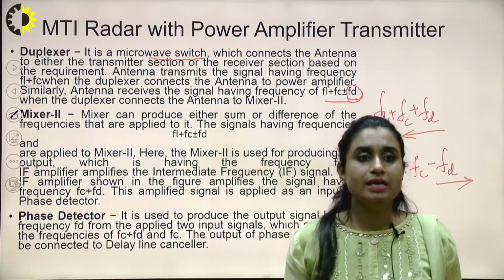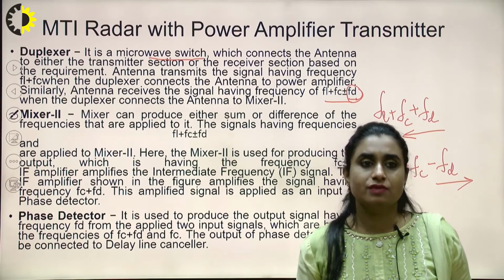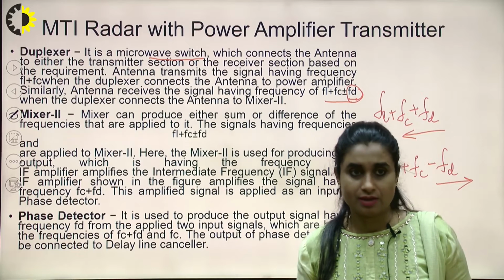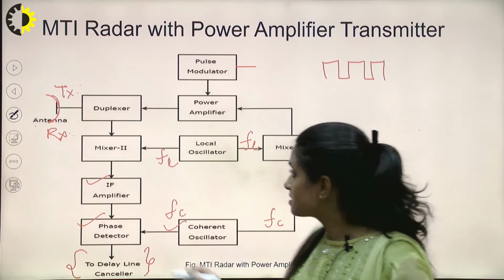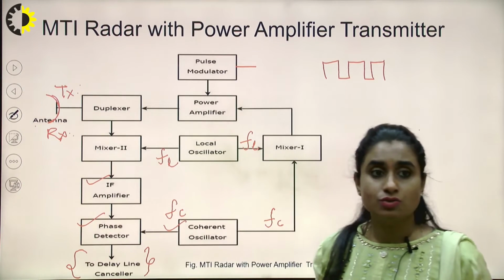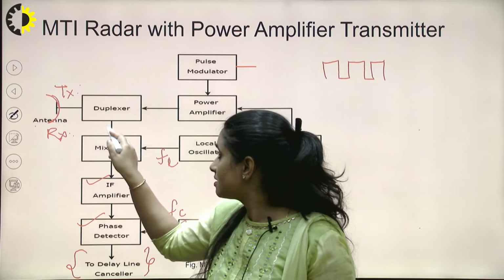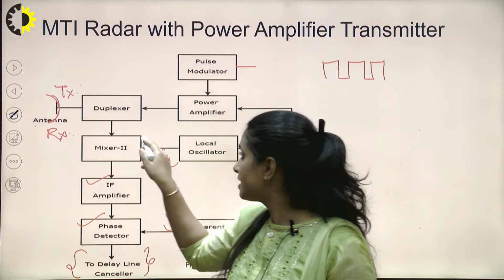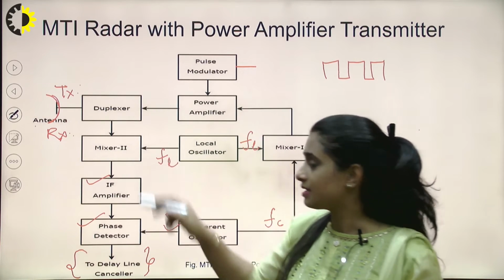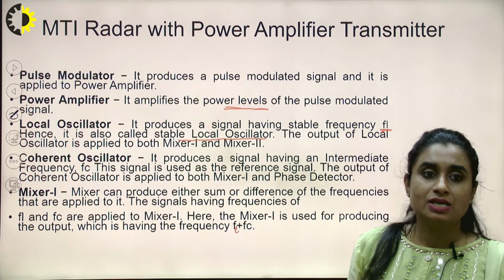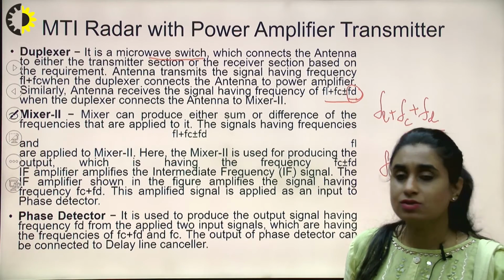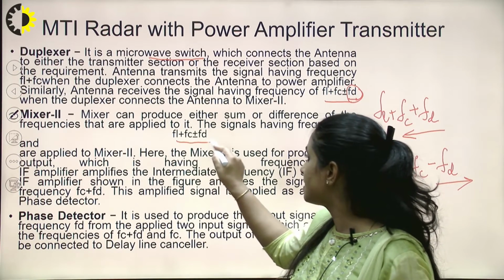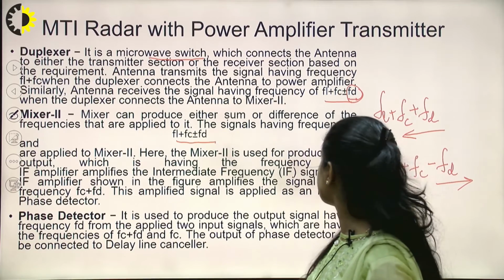Mixer 2 here can produce either the sum or difference of the frequencies that are applied to it. So to mixer 2, one input that is received is FL plus FC plus or minus FD, and another input is FL, right? So the sum and difference could be FL plus FC plus or minus FD and FL.